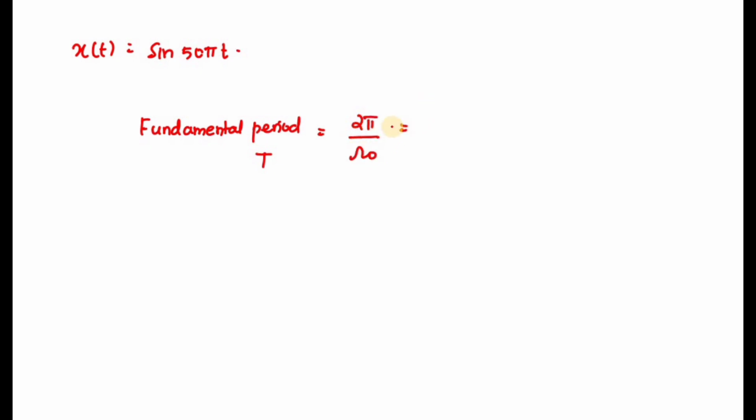You should not have m here. So it is nothing but 2π divided by 50π, that is equal to 1 divided by 25. So T value is 1 divided by 25 seconds. So it is a periodic signal.